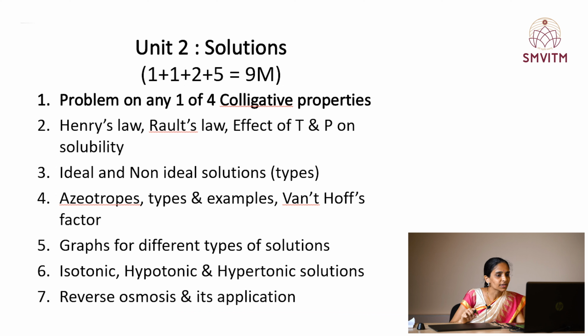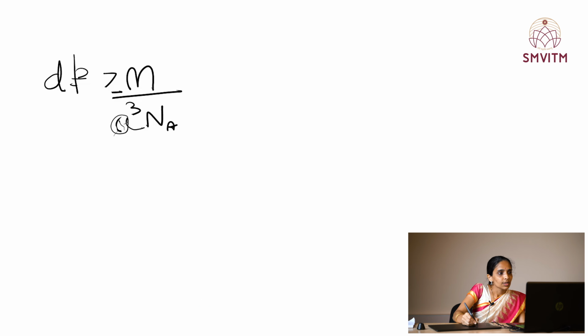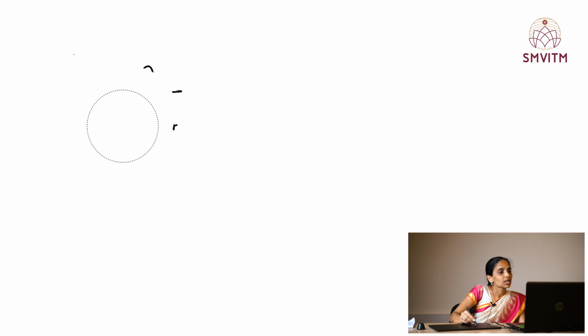Relative lowering of vapor pressure, for which the formula is... relative lowering of vapor pressure is the first colligative property, and then you also have elevation in boiling point, depression in freezing point, and osmotic pressure.